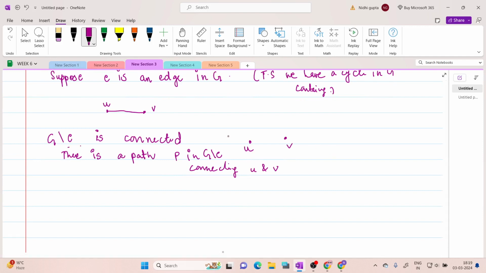Yes. Because G minus e is connected, there's a path connecting u and v. Suppose this path is P. So now can we say that G has a cycle containing e?